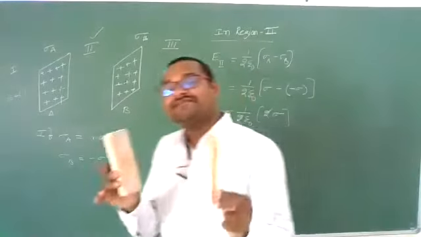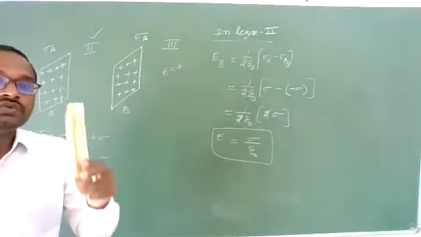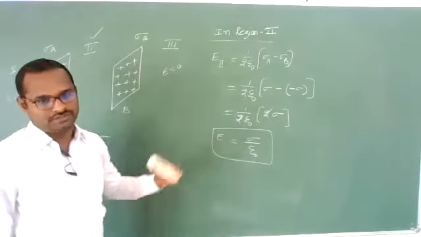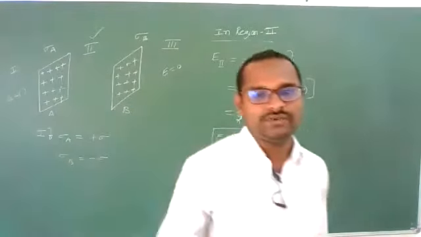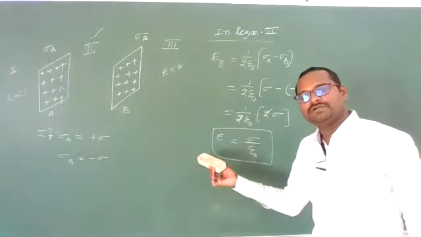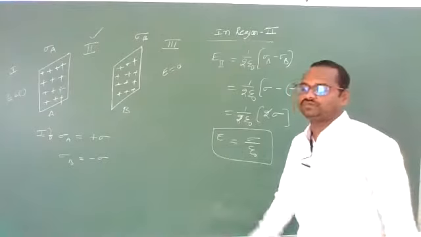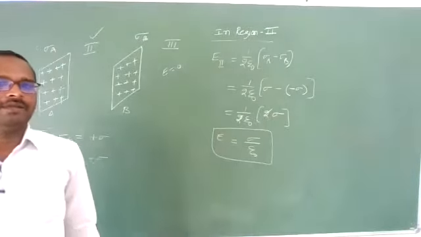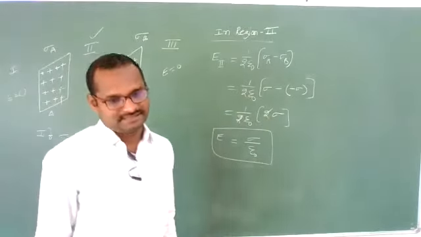Then what will be the electric field in the middle region due to these two sheets? The value is sigma by epsilon naught. You need to remember this value for your competitive exams. And it is important for your board exam also. For competitive exams, it is mainly important. Got it, students? Yes.